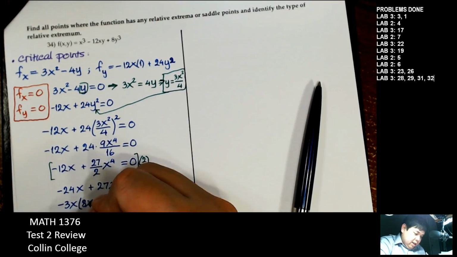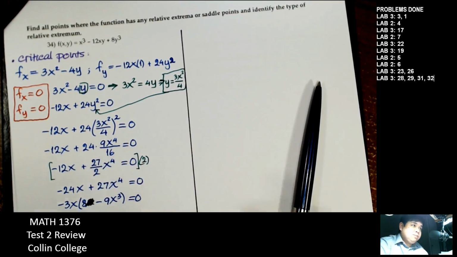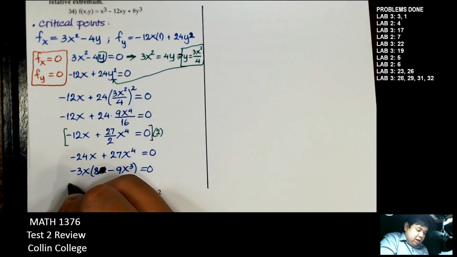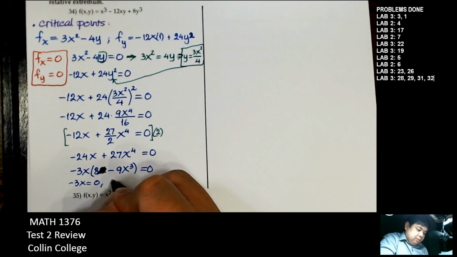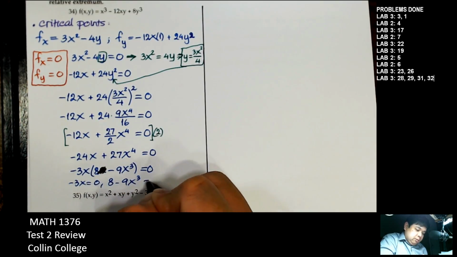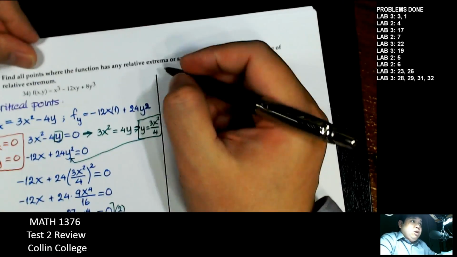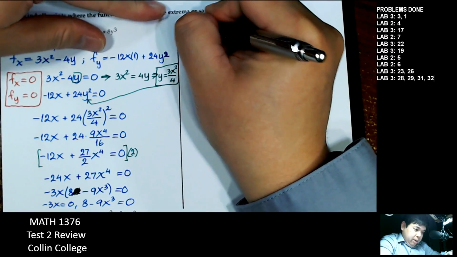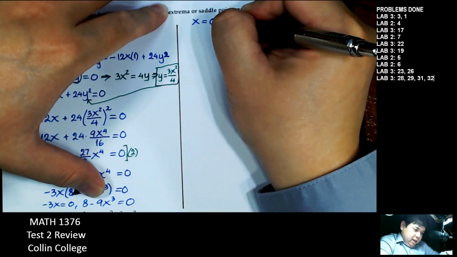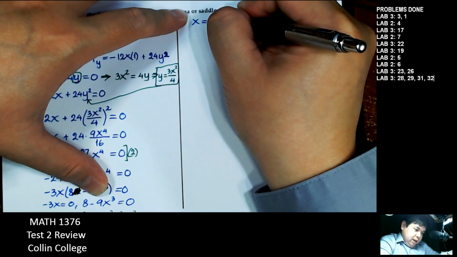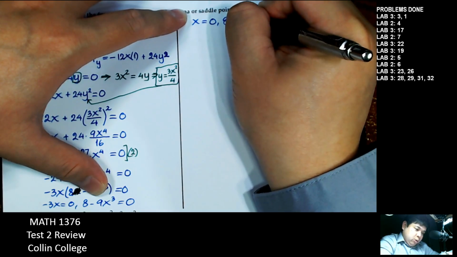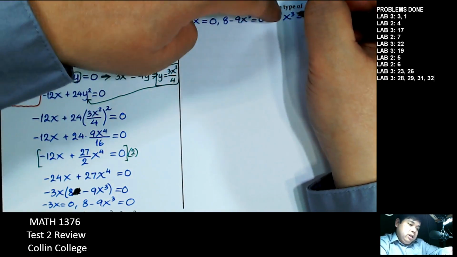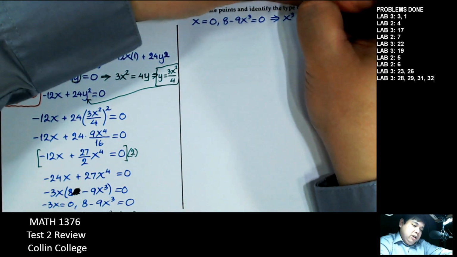So negative 3x is 0, so x equal to 0, and 8 minus 9x cubed equal to 0, meaning if you solve for x cubed, it will be negative 8 over negative 9.